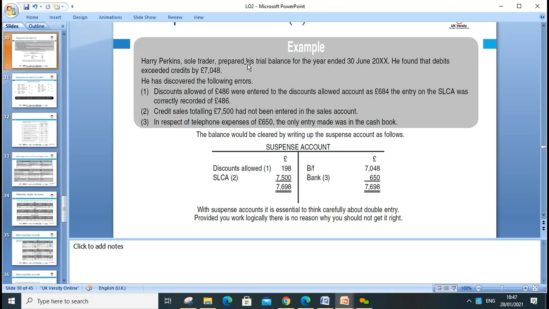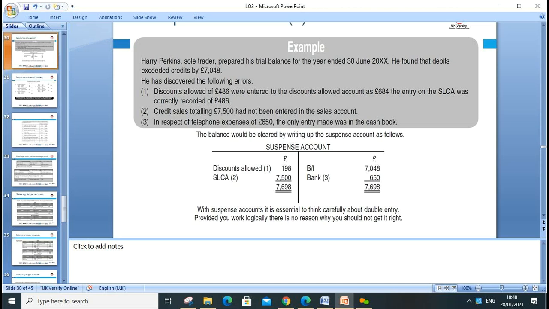So if we look here, discount allowed, let's say here, the trader prepared a trial balance for the year, and found the debit side is this amount, and he discovered the following error. Discount allowed was 486, but was entered as 684.